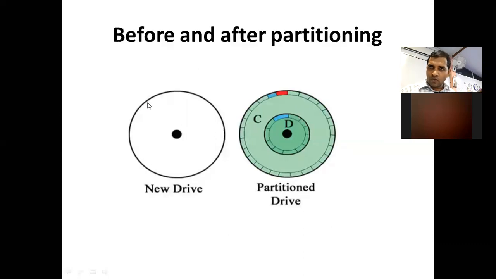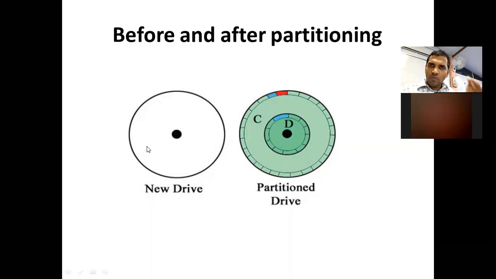A hard disk may have so many parts: platters, a spindle, an actuator arm, an actuator. So which part of the hard disk is responsible for storing the data? It is the platter. I mentioned that a platter is nothing but a metal plate. There may be more than one platter in a single hard disk, not in all hard disks, but some hard disks have more than one platter.